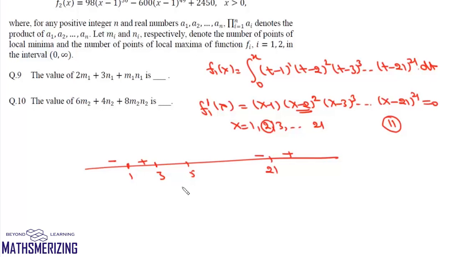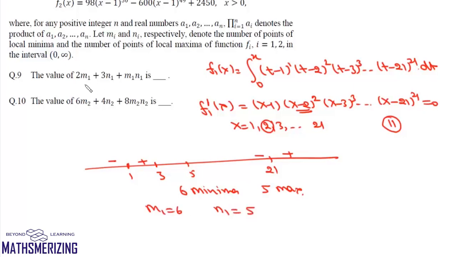So we'll have 6 minimas and 5 maximas. Now the number of minima is m i, so basically m1 is 6 and n1 is 5.